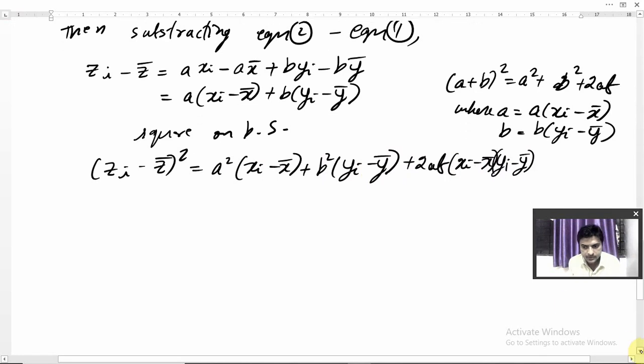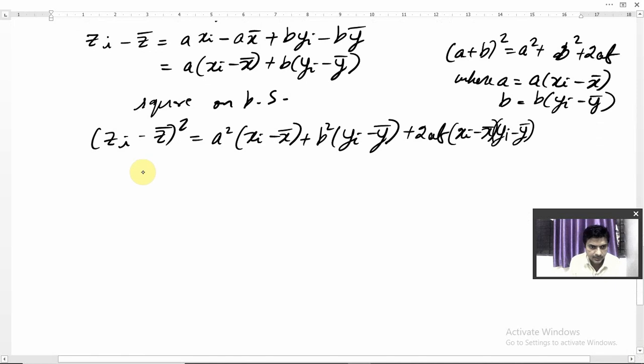Okay, now simplify. I will multiply by summation on both sides.